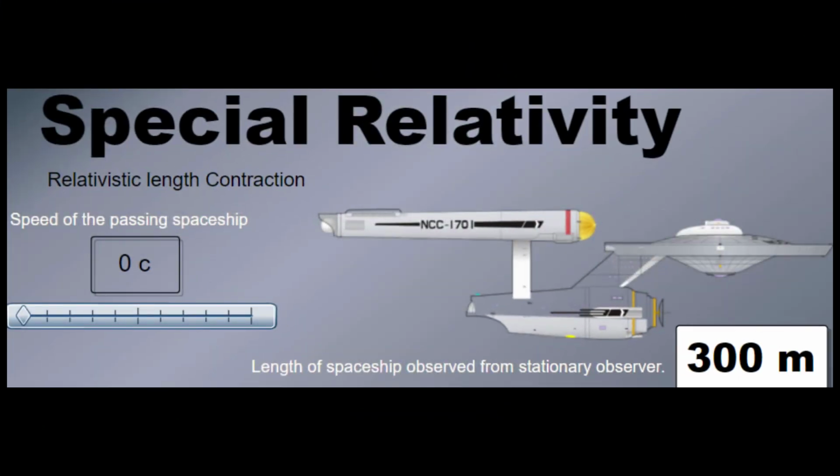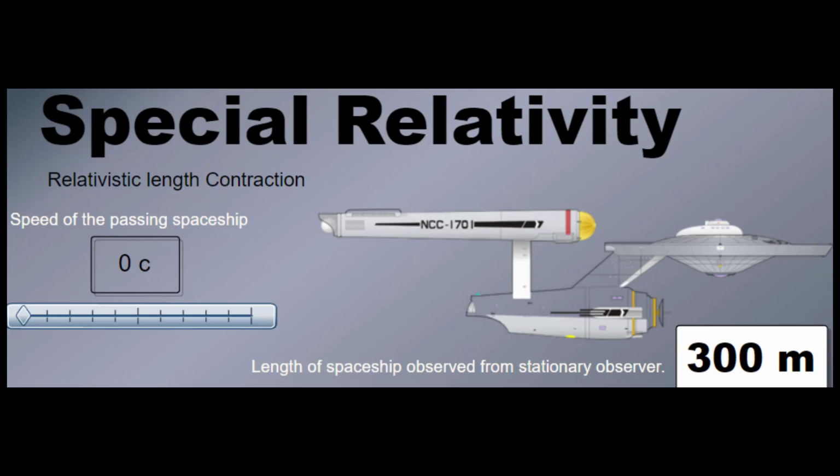Here's a little bit of bonus material for you to try out yourself. I want you to construct a graph. On the x-axis will be the speed, as a fraction of the speed of light, and on the y-axis will be the measured length of the spacecraft, the relativistic length of the spacecraft as it passes you.